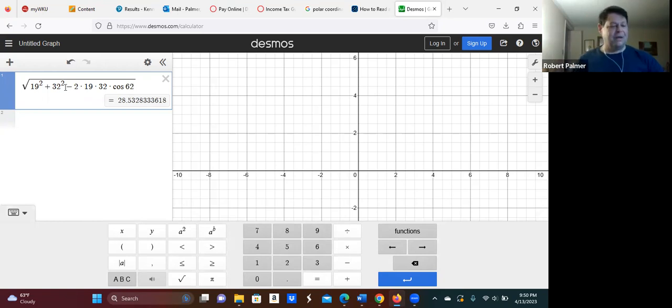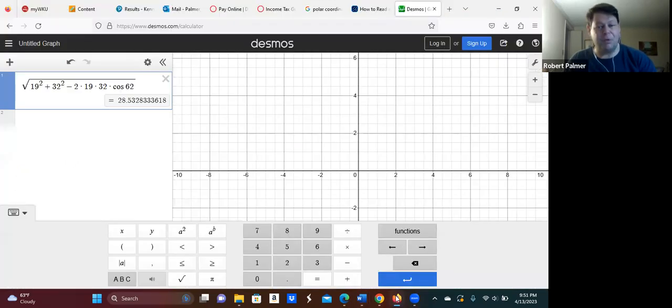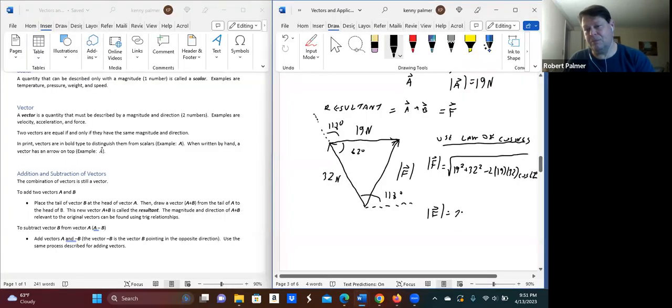Okay, so that length then is going to be, let's say go 2 decimal places, 28.53. Okay, about 28.53. And so that's the magnitude of our resultant force, 28.53 newtons. Okay, that's the resultant force.